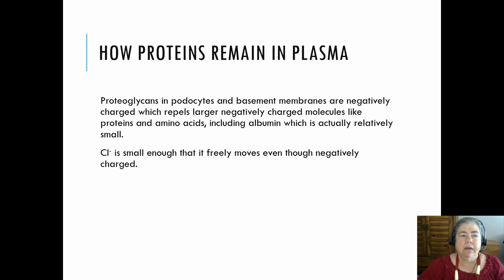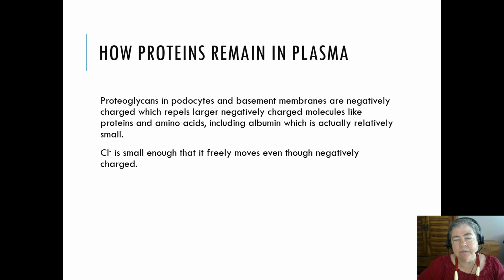There are proteoglycans, these substances that are partly carbohydrate and partly protein, in the podocyte extensions and in the basement membrane of the capillaries, and they're negatively charged. And so that negative charge repels large negatively charged molecules like amino acids and proteins.